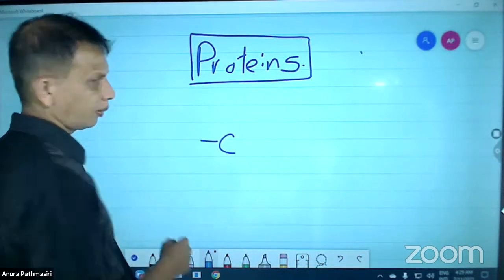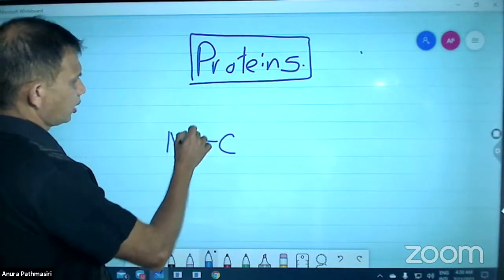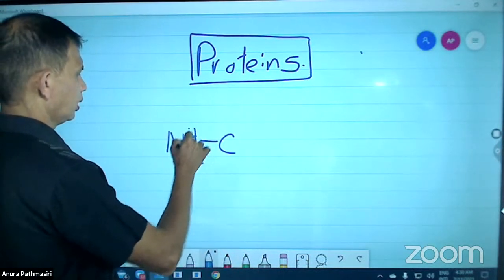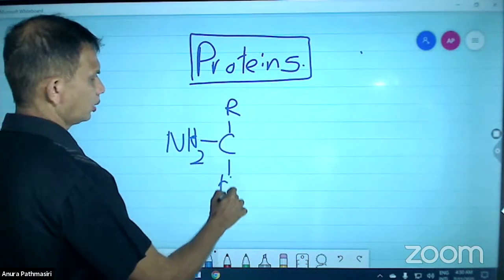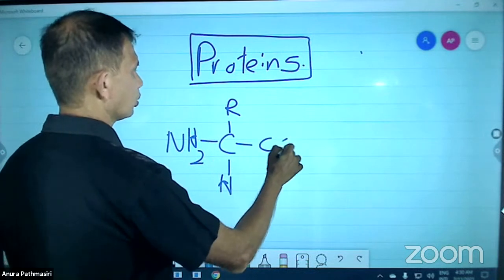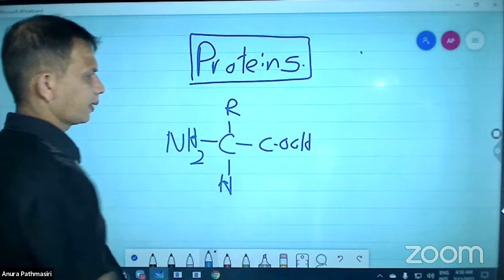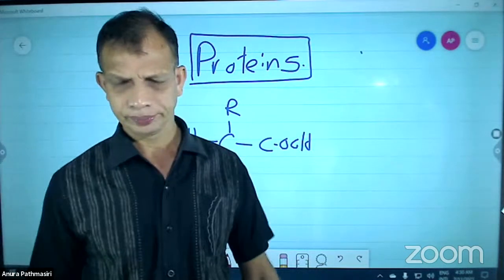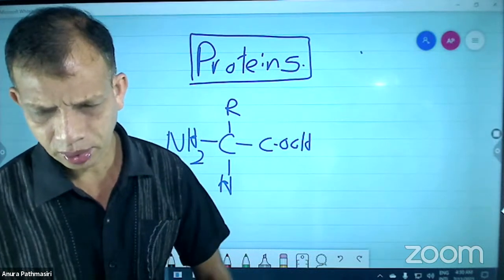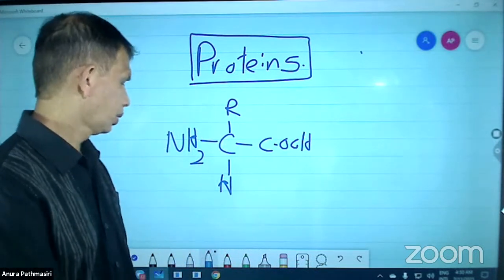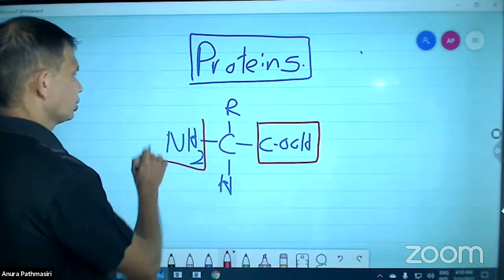How are you going to write the amino group? It is NH2, and you got the R group, then hydrogen, COOH. Am I correct? This is the amino group, and you have the carboxyl group and R group. Based on this one, we can make the questions.